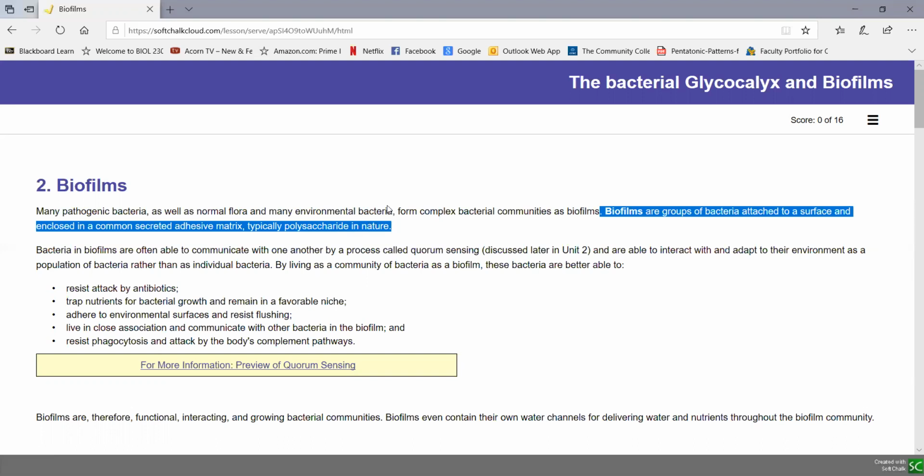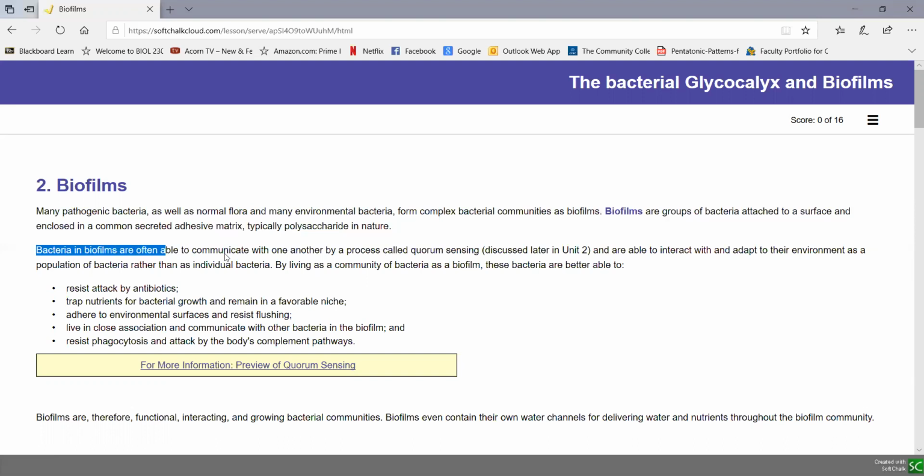Now, we're going to learn later on in Unit 2 when we talk about quorum sensing that bacteria in biofilms do often communicate or talk to one another chemically through a process called quorum sensing, and they're able to interact with and adapt to their environment as a population of bacteria rather than as individual bacteria.